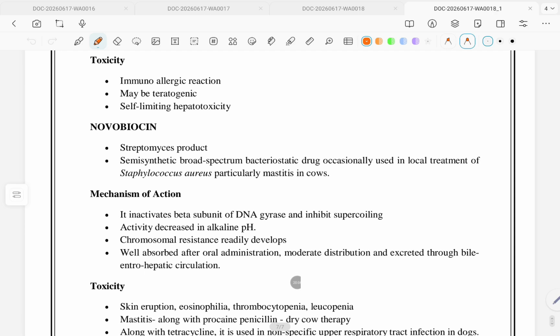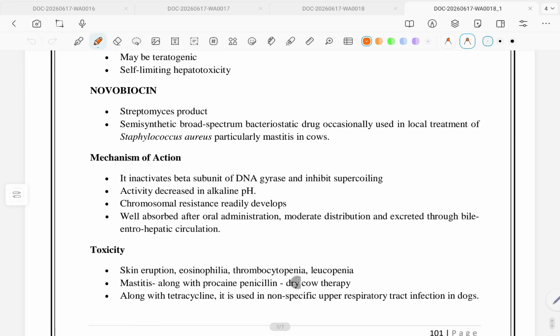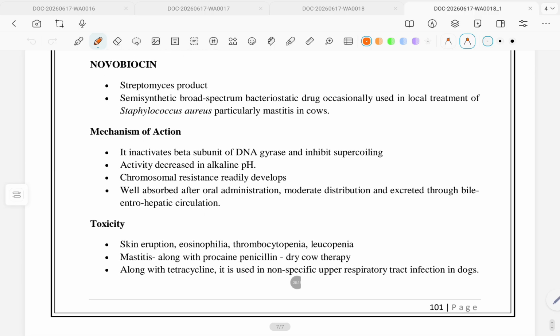Novobiocin, a Streptomyces product, semi-synthetic broad-spectrum bacteriostatic drug, occasionally used in local treatment of Staphylococcus aureus, particularly mastitis in cows. Mechanism of action: it inactivates the beta subunit of DNA gyrase and inhibits supercoiling. Activity decreases in alkaline pH.